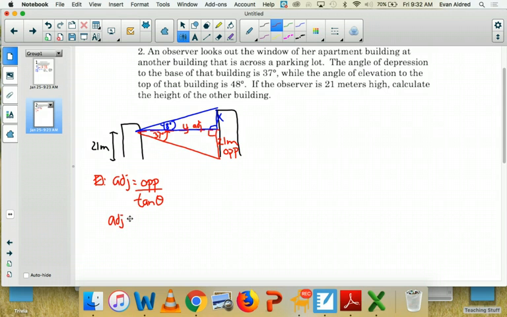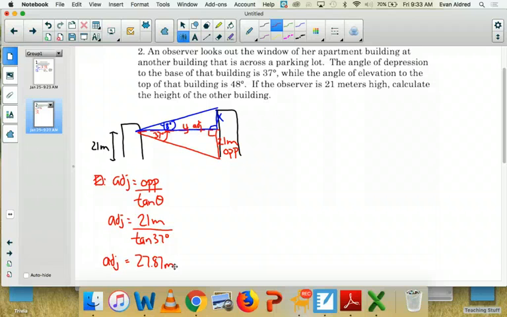So adjacent, therefore, is equal to 21 meters over the tan of 37 degrees. And adjacent then, when we put this into our calculator, 21 divided by tan of 37 is 27.87. So all that's telling us is the horizontal distance from where this observer is looking straight across to the other building is 27.87 meters.